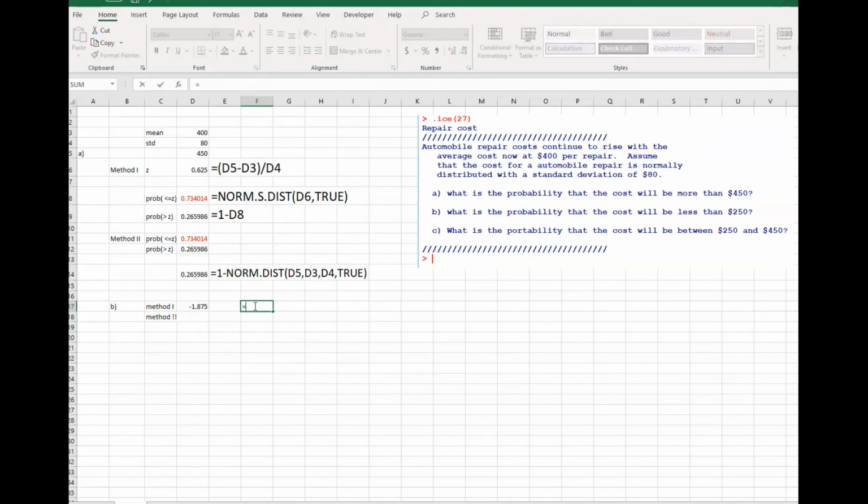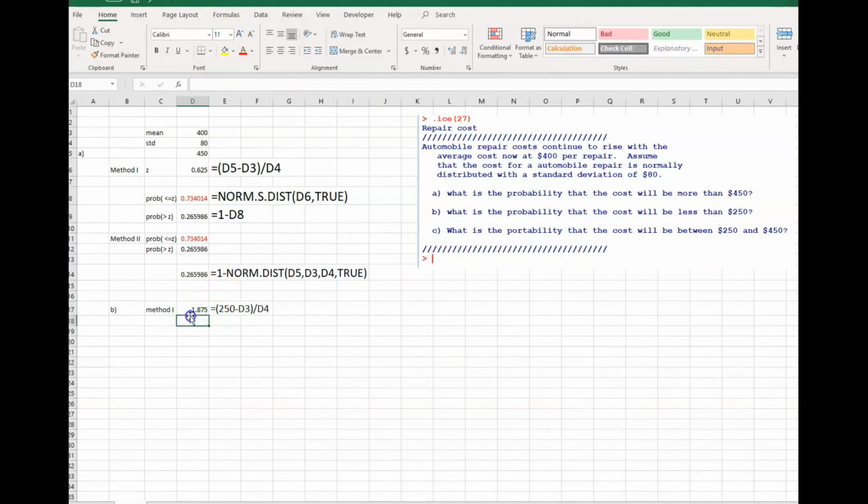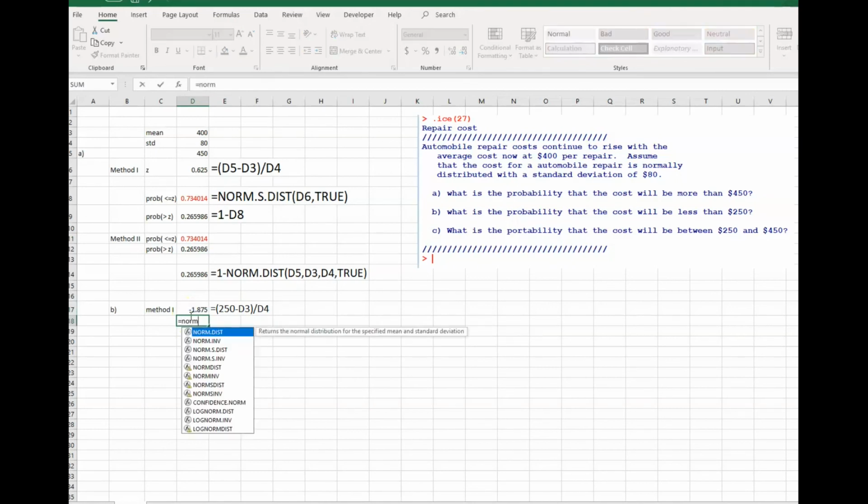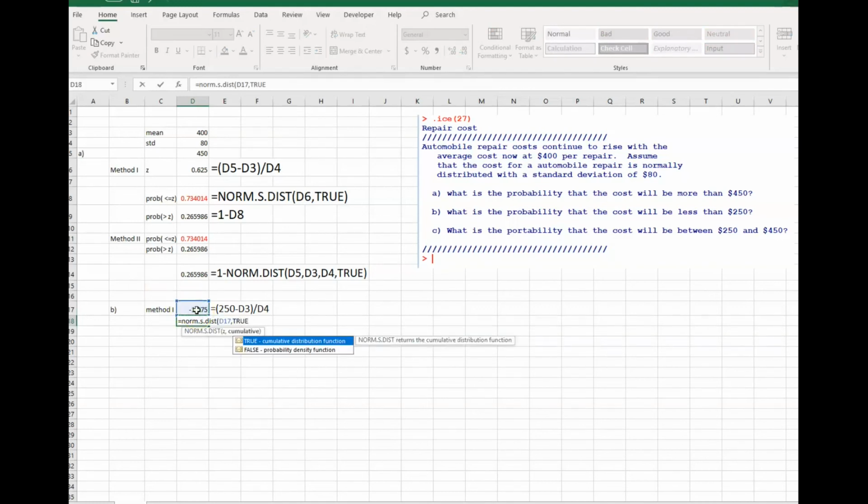We standardize, then we calculate the corresponding probability. So this is show formula. We standardize, then we calculate the corresponding probability using NORM.S.DIST, so the Z value and 2.